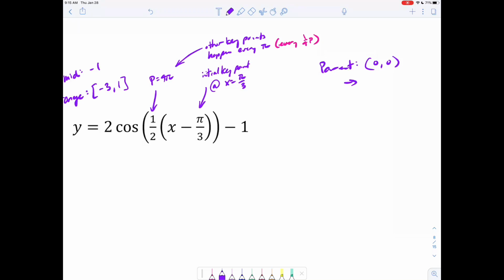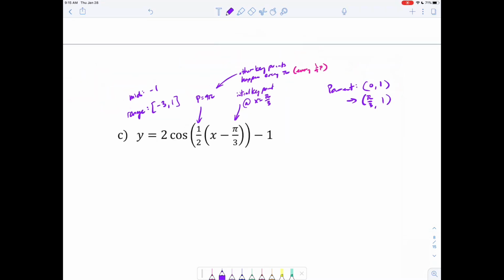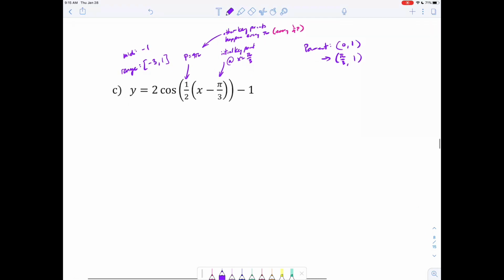We're going to shift it right pi over 3. Oh, sorry, not 0, 0, 0, 1, because this is cosine, not sine. And then the other thing we're going to do for that, the y values are going to multiply by 2 and subtract 1, which gives us 1. We can use that information to graph this thing.